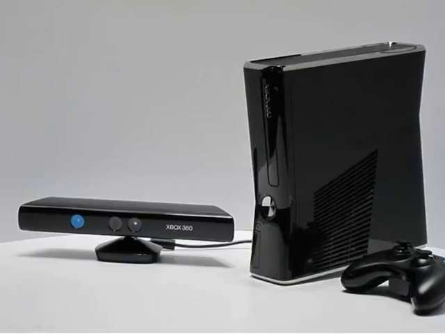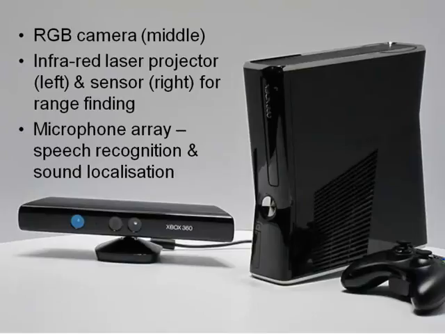And there's a Kinect sensor here, and this actually has multiple sensors. It has an RGB camera in the middle, an infrared laser projector, and a sensor for range finding. And what this means is it's able to actually build up a 3D depth image of what's in front of it, so it can actually, with much better accuracy than just with a normal camera, pick out and identify people standing in front of it, and people moving in front of it as well are picked out much more easily than with a simple camera input device.